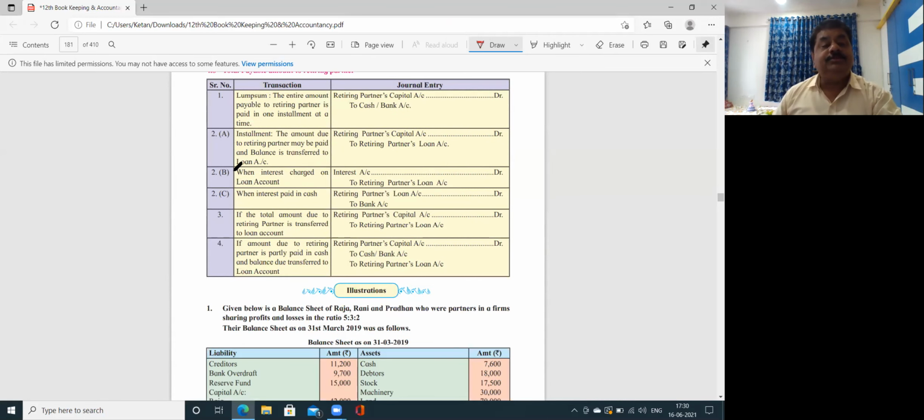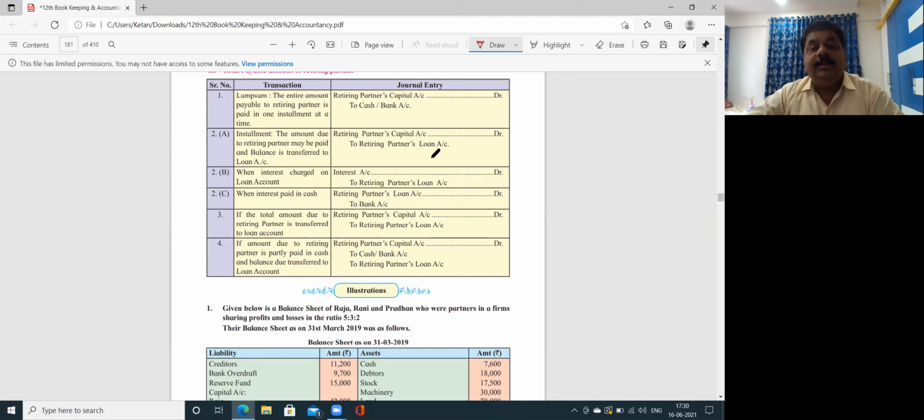If it is paid in installments, then retiring partners capital account debit to retiring partners loan account. First we have to transfer it to the loan account because he was our partner, now he has gone. He is now a third party liability.